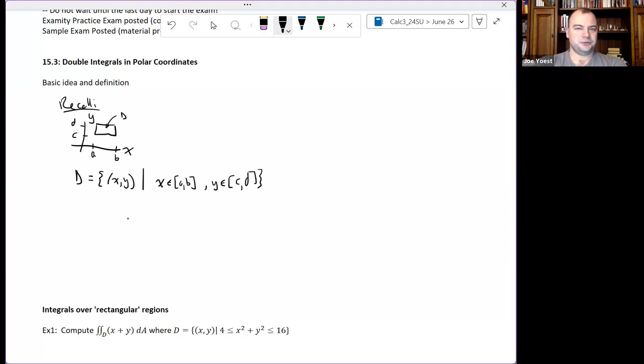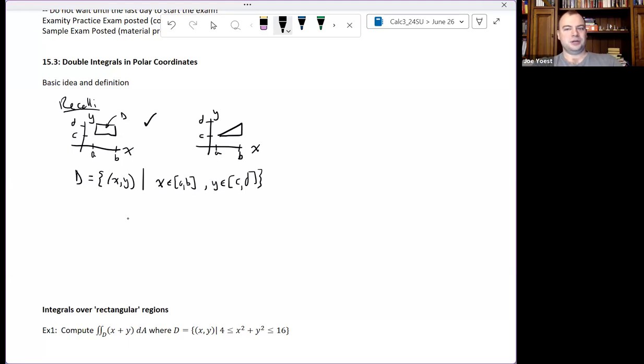So I can pick x freely any way that I want between a and b, and I can pick y freely and independently of x anywhere between c and d. Importantly, this is a rectangle. I mean, this is kind of obvious, but something like this is not a rectangle.